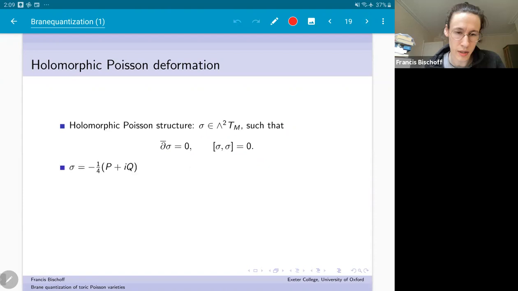This is a holomorphic Poisson structure, but we can decompose it into real and imaginary parts. So P and Q, these are real Poisson structures. And what we can do now is put Q in the top hand corner, and this will define a generalized complex structure.